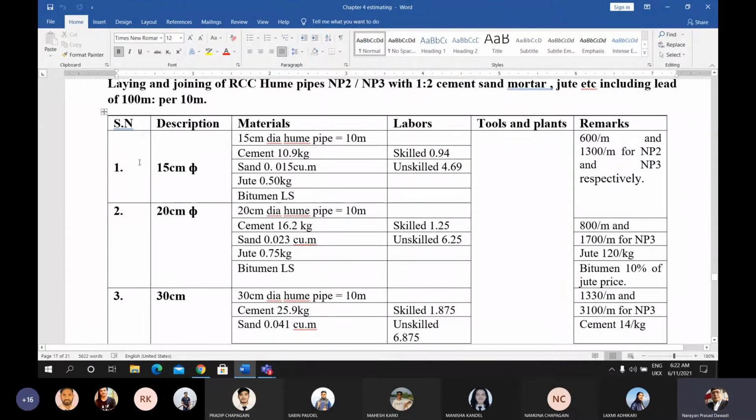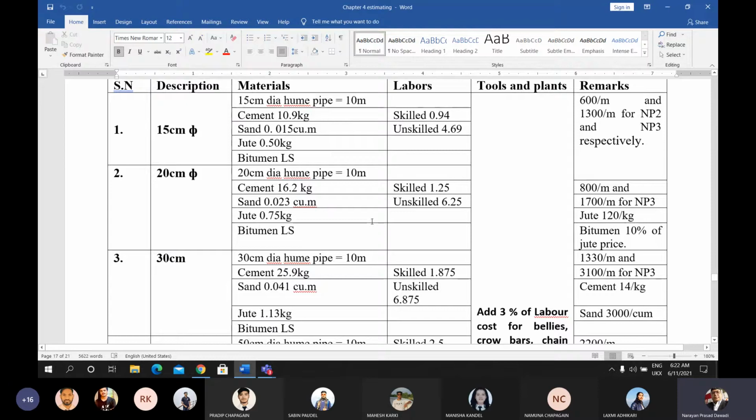Okay. Now, for 20 centimeter diameter, in this way I have provided the material, skilled and unskilled manpower, and the rate of the pipes. You can do the rate analysis by yourself by providing the suitable rate of each material. Okay, in this way, for 20 centimeter diameter, the hume pipe is of 20 centimeter diameter, 10 meter, cement 16.2 kg, sand 0.023 cubic meter, jute 0.75 kg, and bitumen lump sum.